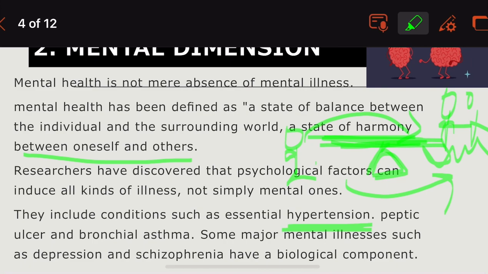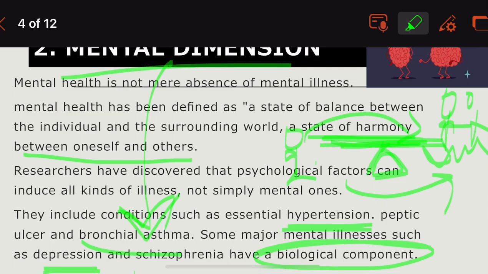Mentally they'll be suffering with so much stress, and then bronchial asthma. These are the conditions abnormal mental health can result in. Some major mental illnesses are depression and schizophrenia. Schizophrenia has a biological component.